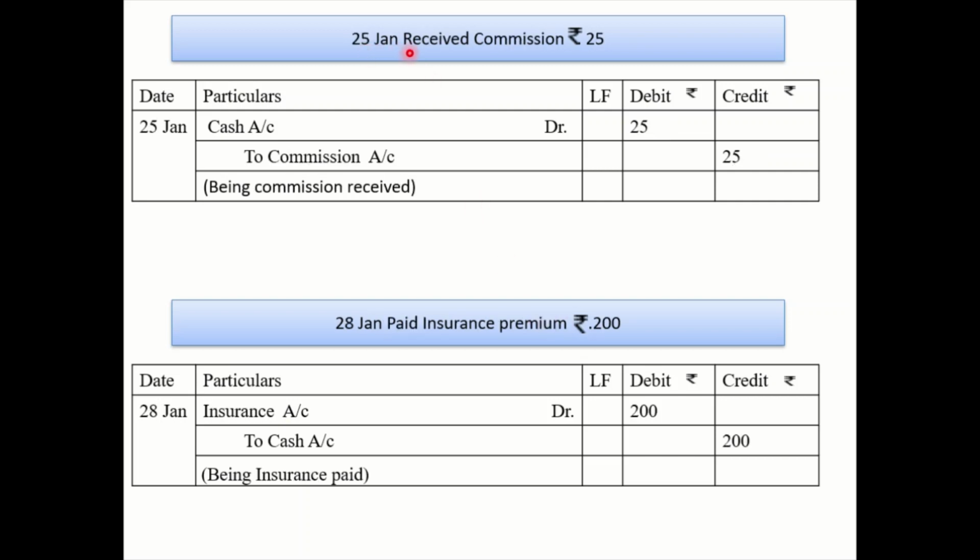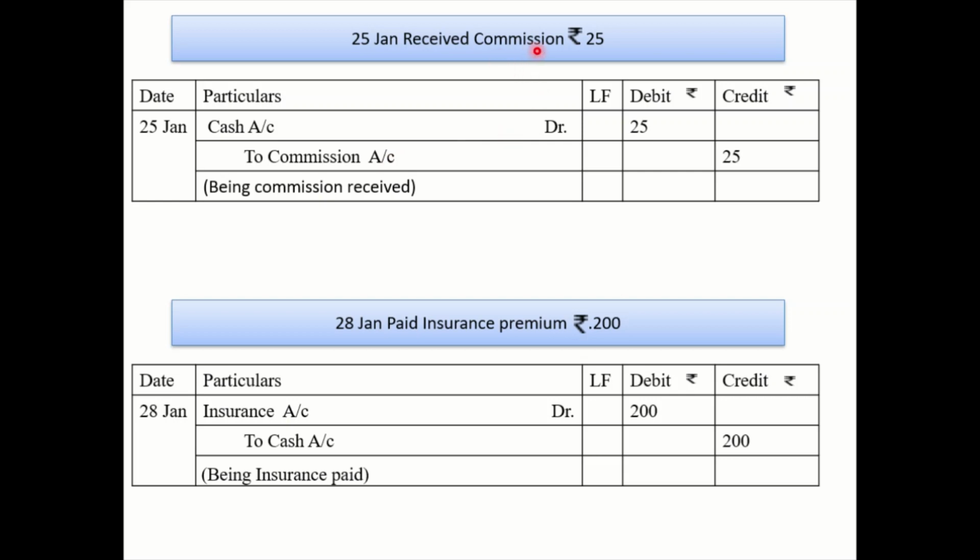25th January, received commission, rupees 25. Again here there are two accounts, cash and commission. Here cash account is to be debited. Why? Because cash is coming into the business, because we receive the commission. Cash is a real account, and the rule of real account is debit what comes in. To commission account. Commission account is a nominal account.